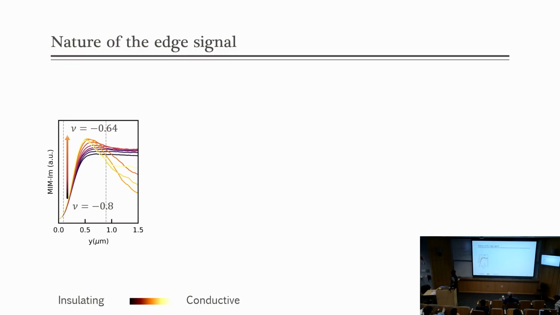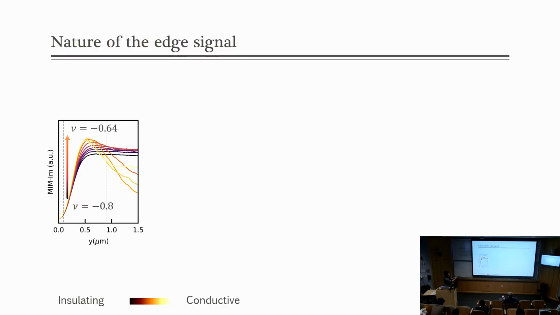What we see from nu equals minus 1 to minus 0.8, which is a metal in a way, where some people call it anomalous Hall metal, is that regardless of that, this signal just rises up and becomes some constant value throughout the bulk. But when we go to nu equals minus 2/3, it first rises up even higher and then drops when it goes inside the bulk.